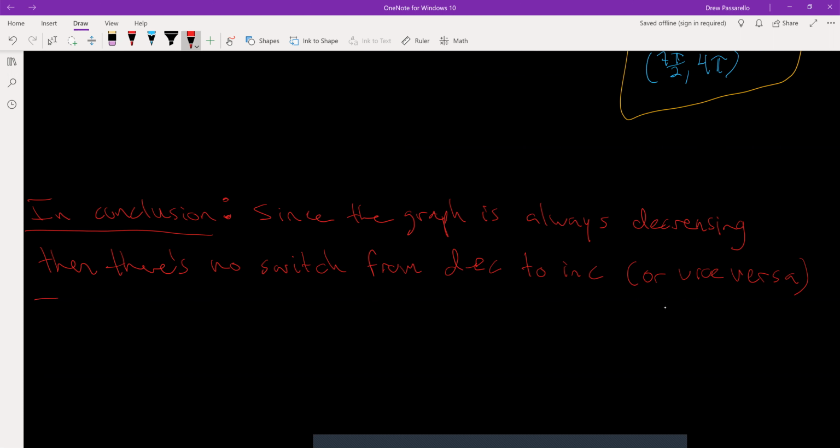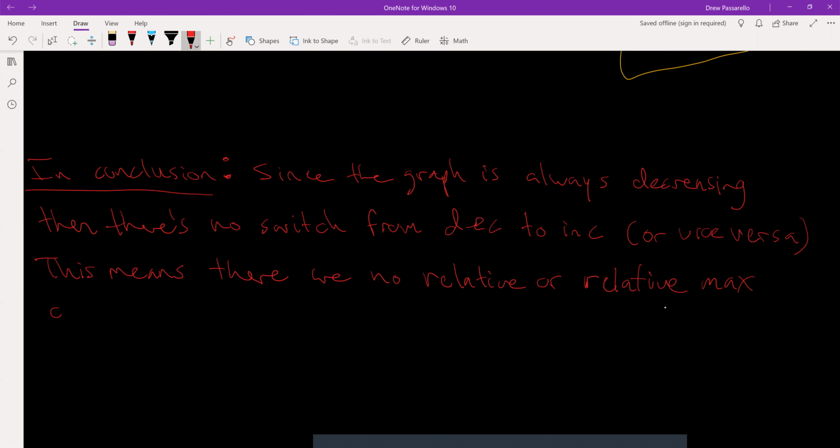So this means there are no relative min or relative max at our two critical numbers that we've had, 3 pi over 2 and 7 pi over 2.